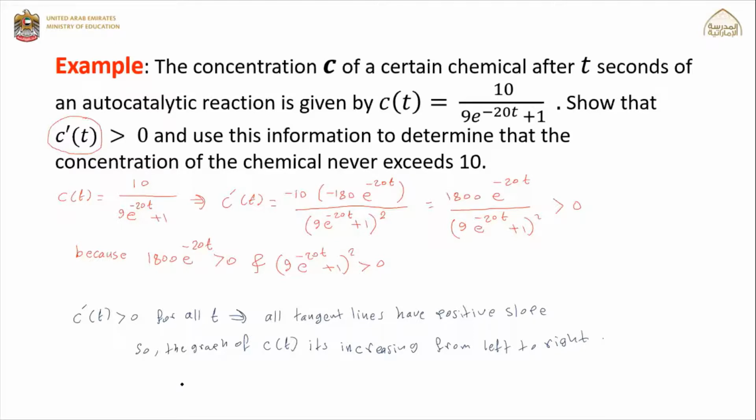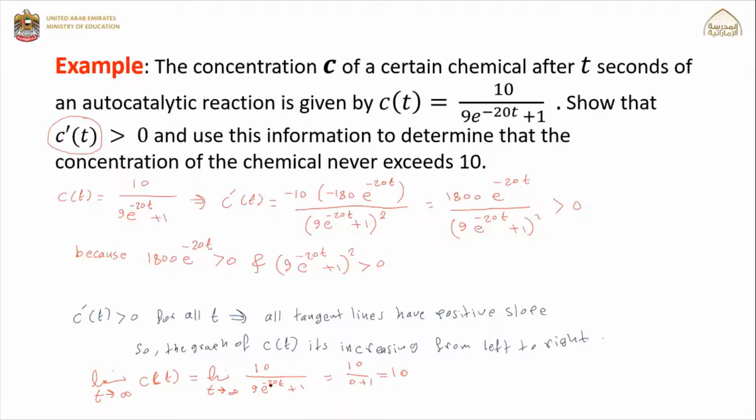Now, if I find the limit as t goes to infinity of C(t), this limit is the limit as t goes to infinity of 10 over 9e to the power negative 20t plus 1, which equals 10 over 0 plus 1, which equals 10.